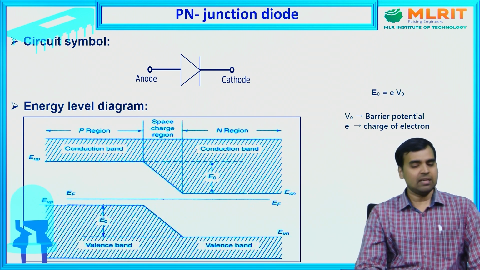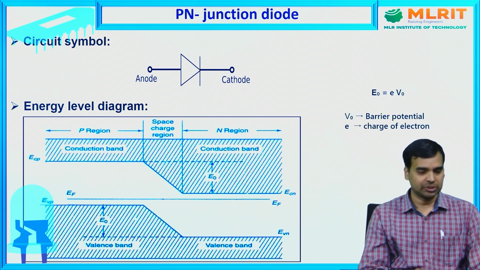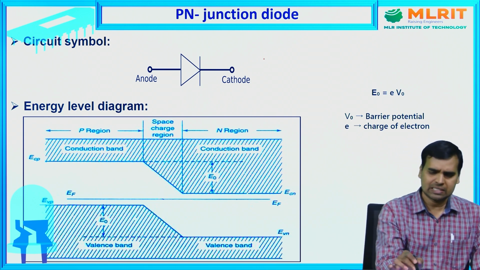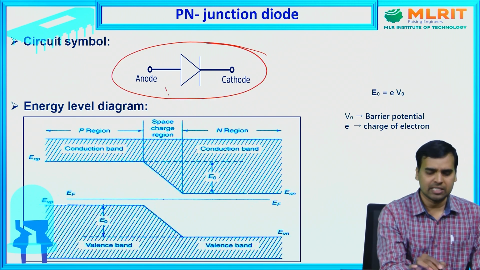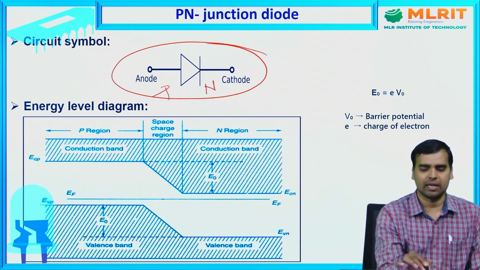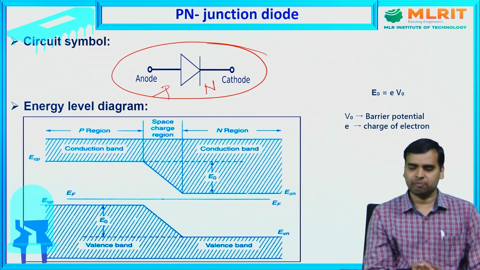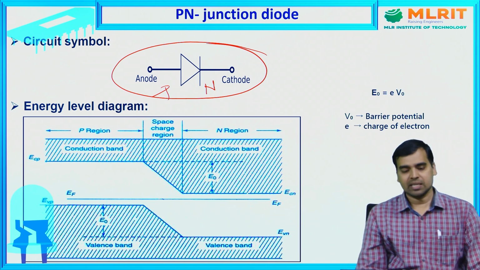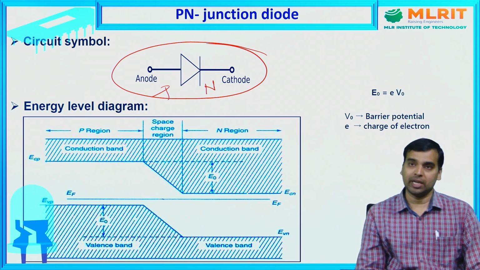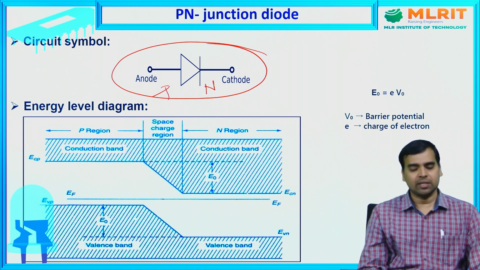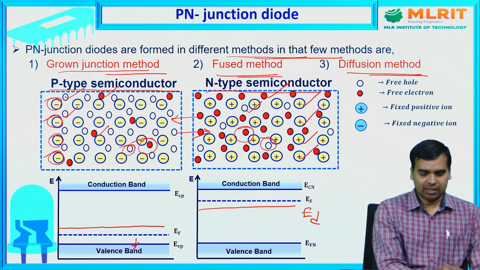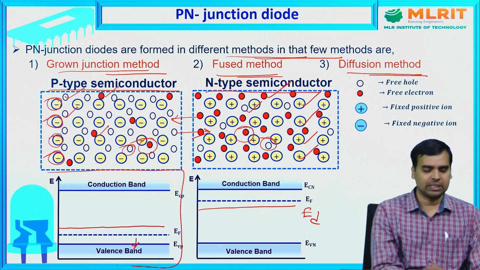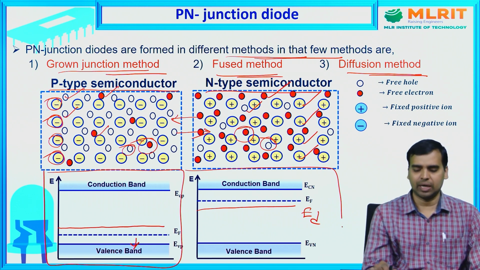Now, let us see the energy level diagram of p-n junction diode. This is the circuit symbol of the p-n junction diode. The arrow side is p-type and the line side is n-type. Now, let us come to the energy level diagram, which is very important. In the previous slide itself I showed this. Here, this is the individual p-type energy level diagram, and this is the individual n-type energy level diagram.